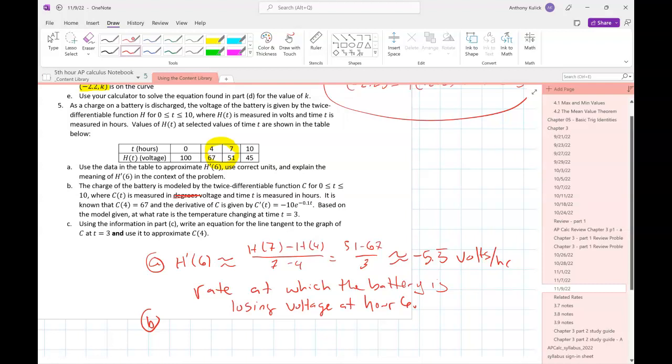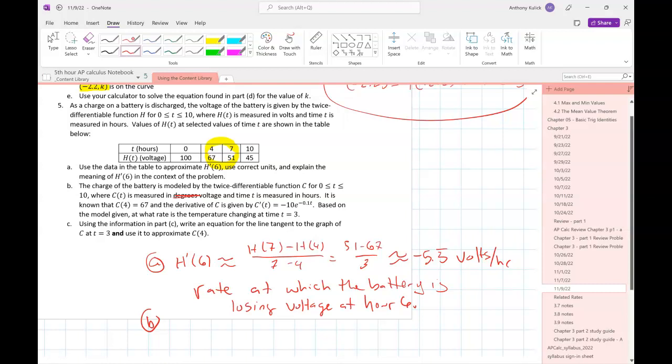It is known that C of 4 is equal to 67. That's in the table. And the derivative of C is given by C prime of t equals negative 10 e to the negative 0.1 t. Is it supposed to be H or is it C? Oh, no, it's C.